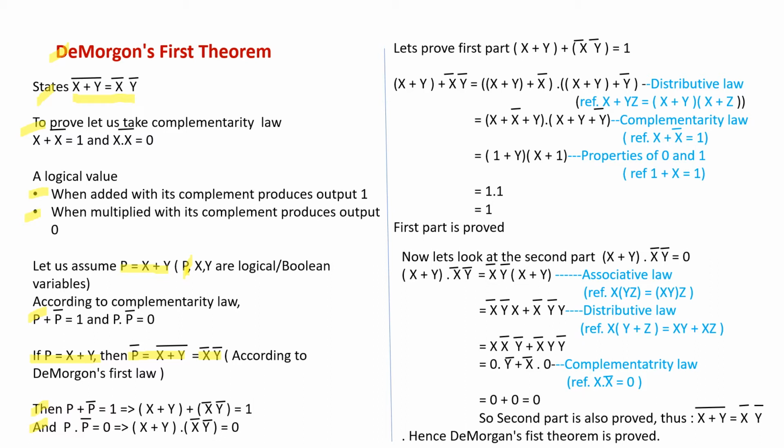Now let us prove the first part, which states that (x or y) ORed with (x complement and y complement). Here we are going to use the distributive law, and the reference statement is x or (y and z). Here x or y is the same as x, and x complement and y complement is the same as y and z.